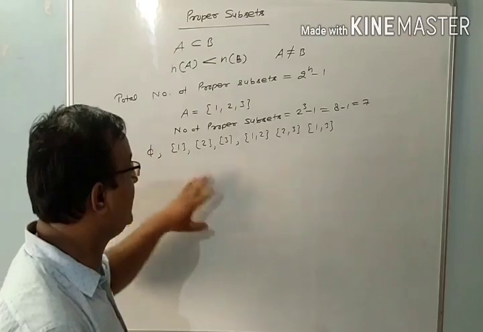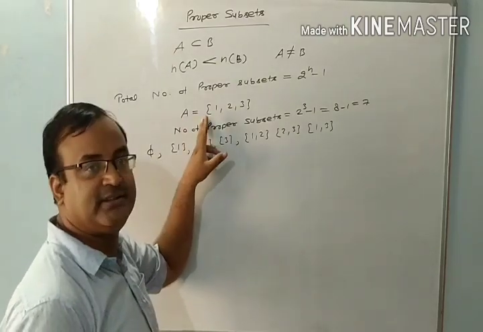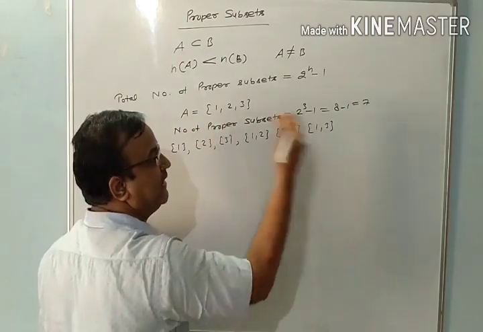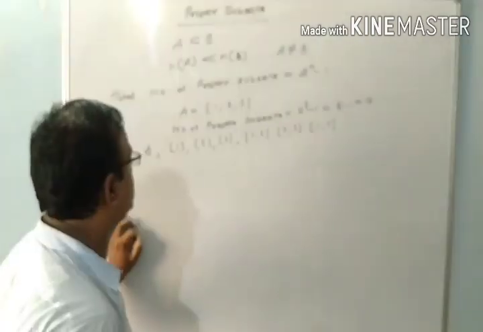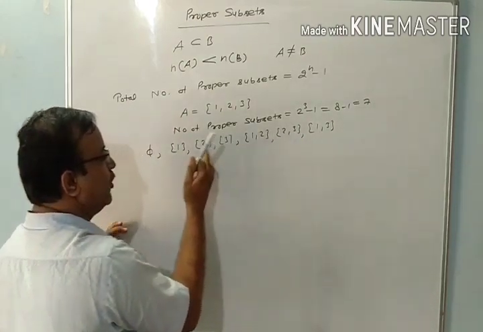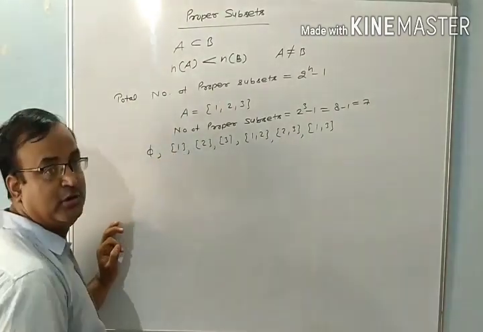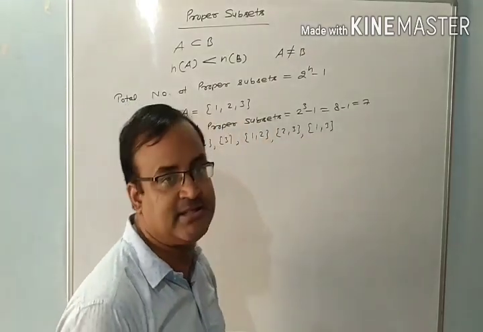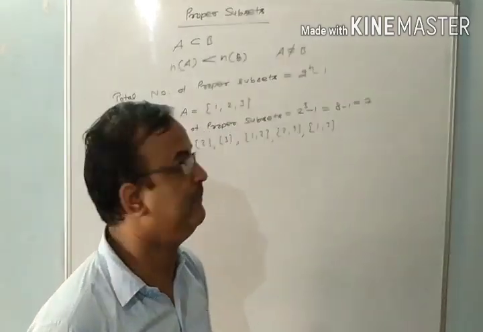A proper subset will not be equal to this set. That means we are not going to take {1, 2, 3} in the curly bracket. So count the number of proper subsets: 1, 2, 3, 4, 5, 6, 7. The total number of proper subsets of set A, which has 3 elements, is 7 only.